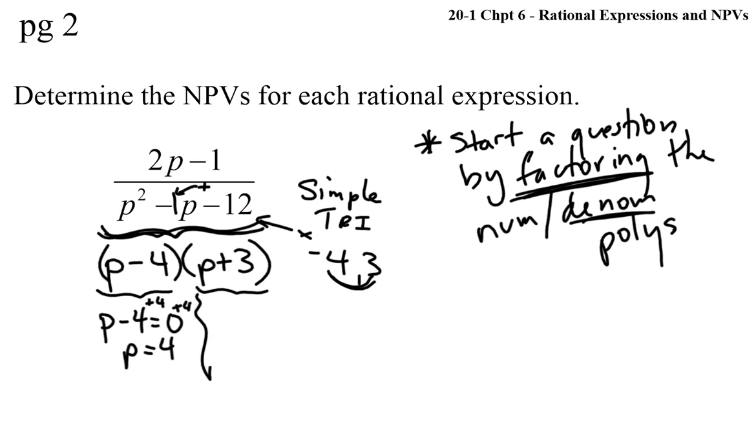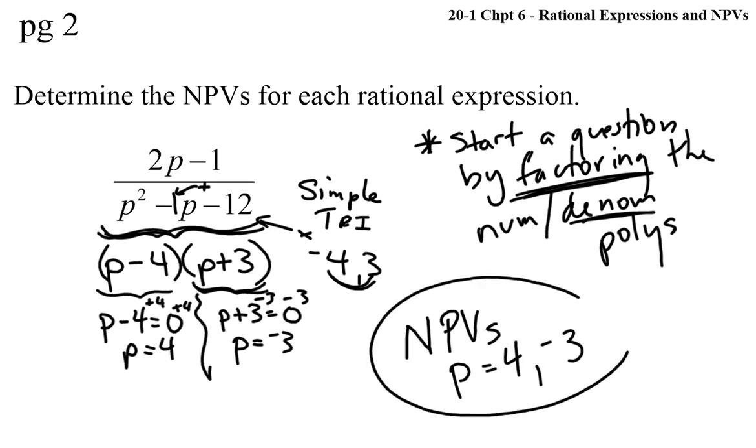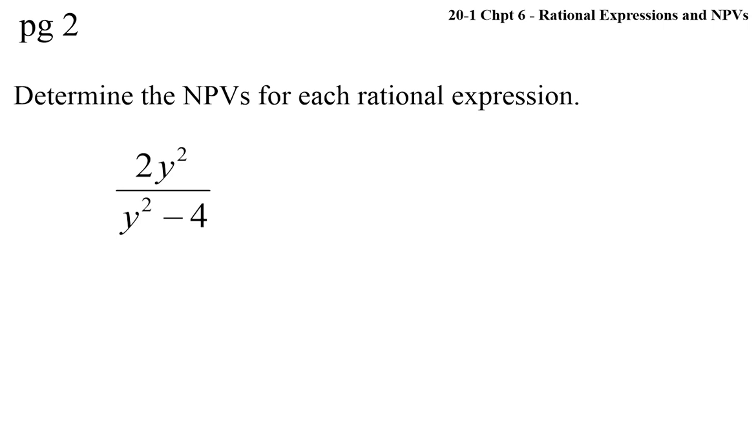Our other possible situation is if p plus 3 equals 0. We don't want that factor to equal 0. Minus 3, p equals negative 3. We can't have p equal to 4 or negative 3 because those give us 0. So our NPVs are when p is equal to 4 or negative 3. Any other value of p we can work with, but p equal to those two things isn't acceptable.